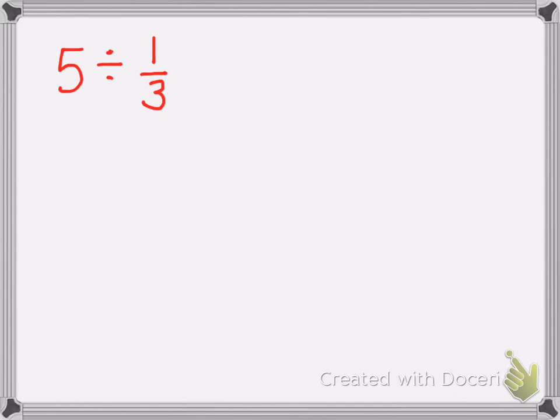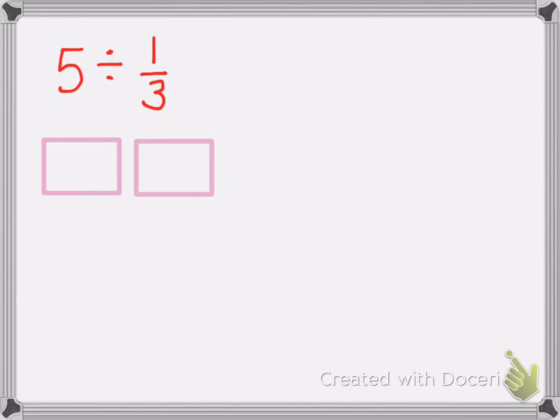The first thing I'm going to do on these types of problems is model the whole number, so the 5. So I'm going to make myself 5 boxes here. This is a new tool of mine that I'm trying. I'm going to copy that and then paste it.